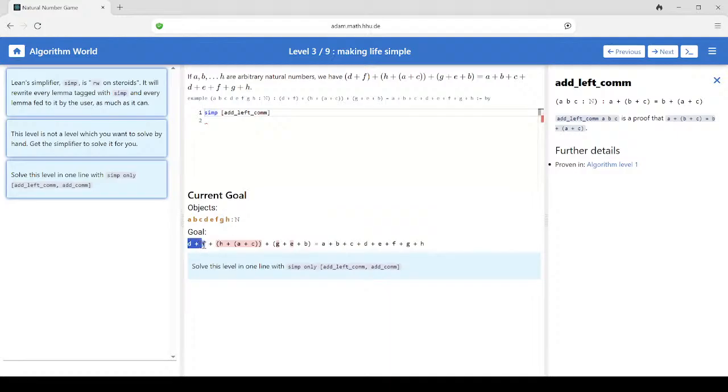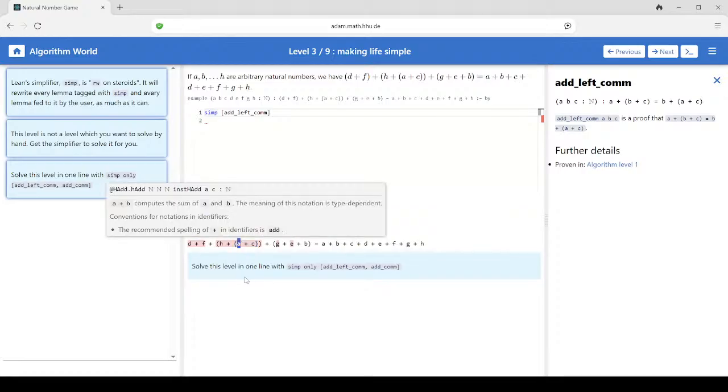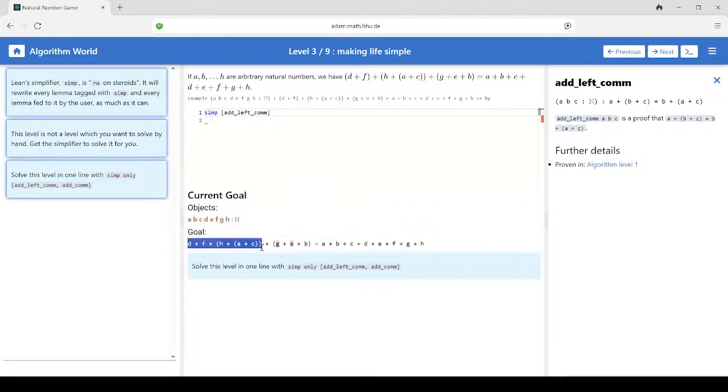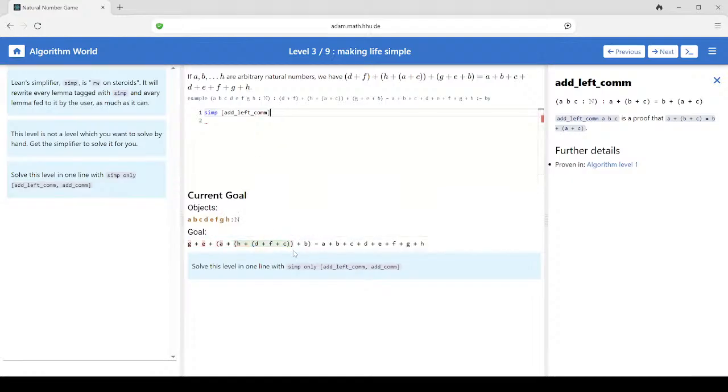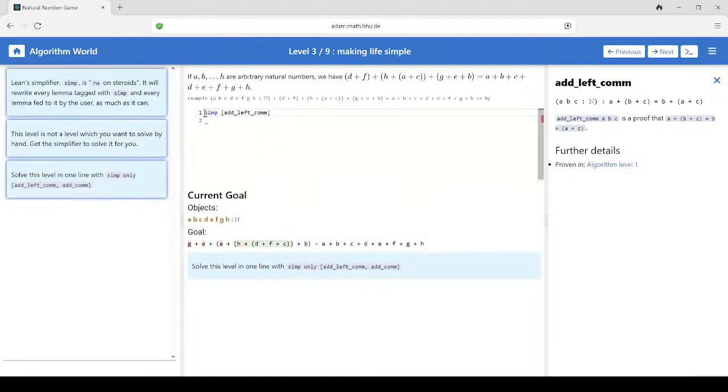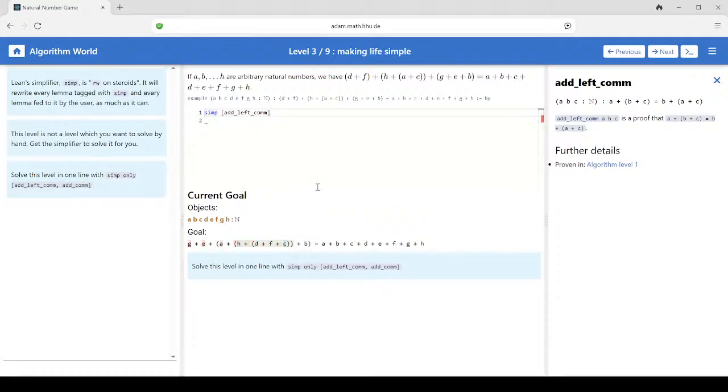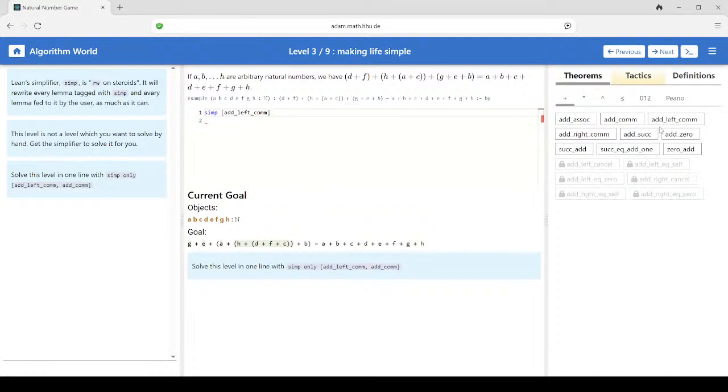We're taking this D plus F and trading places with this A, and then we're taking that whole thing and trading places with this G plus E, and that's how we end up here. Okay. And then it wants me to just add commutative.